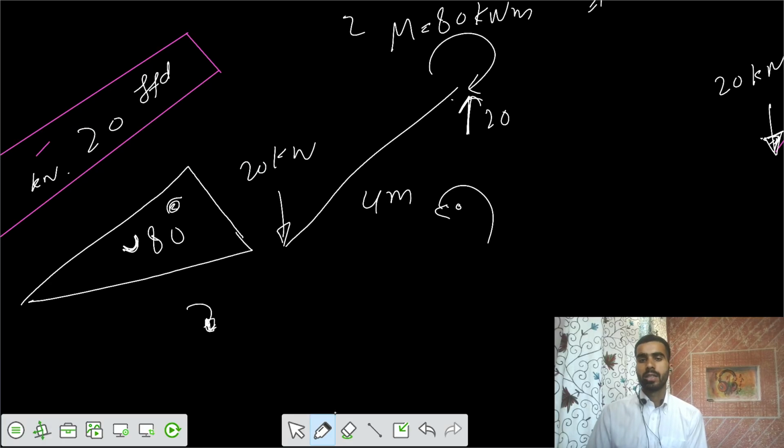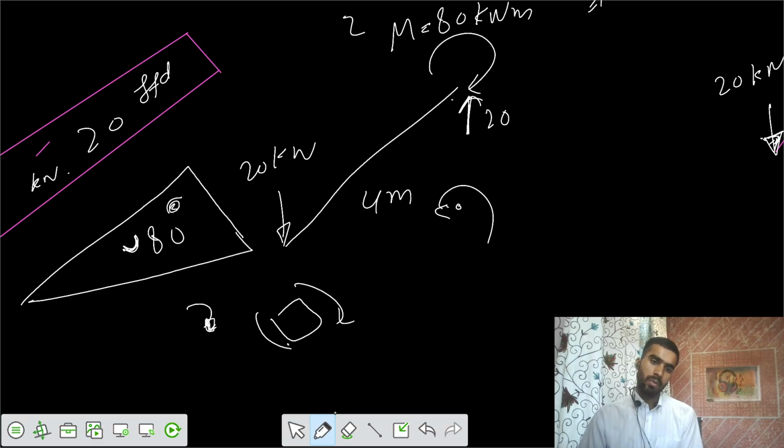Actually it is a hogging bending moment, not sagging, because the moment is applied in this way from the side. So as per sign conventions, this moment is negative. So there is a hogging bending moment of 80, negative 80.